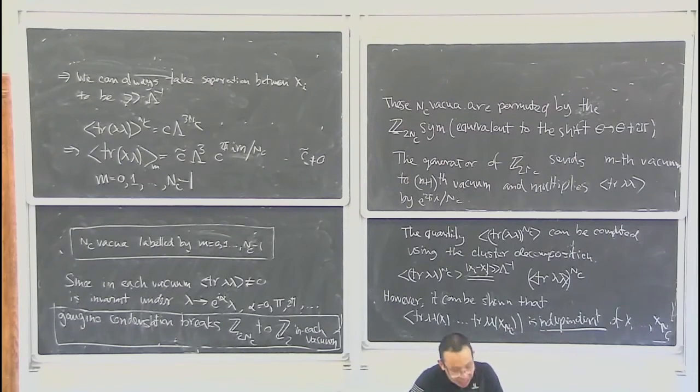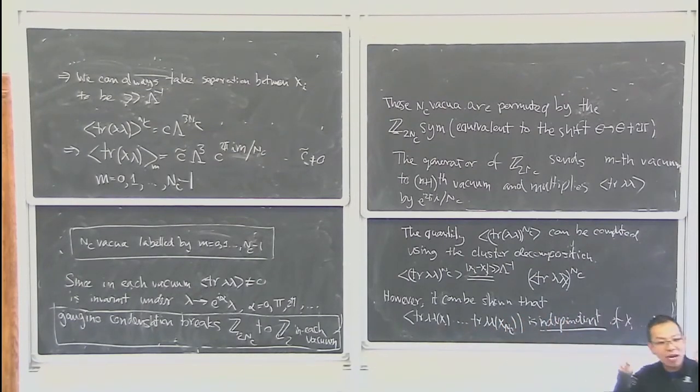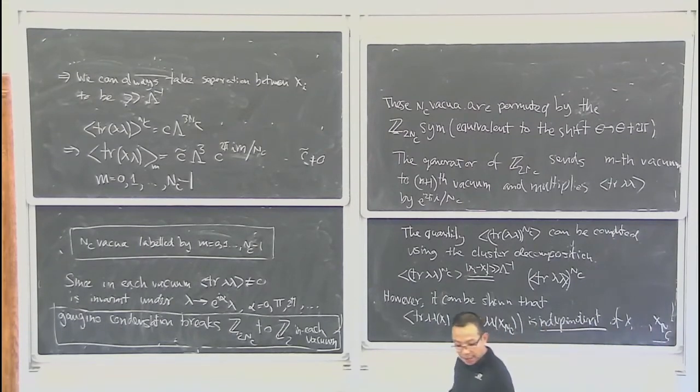This is believed to lead to confinement. Second, the theory has confinement. And the third is that there is a phenomenon that looks like chiral symmetry breaking that breaks Z_2N_c to Z_2.